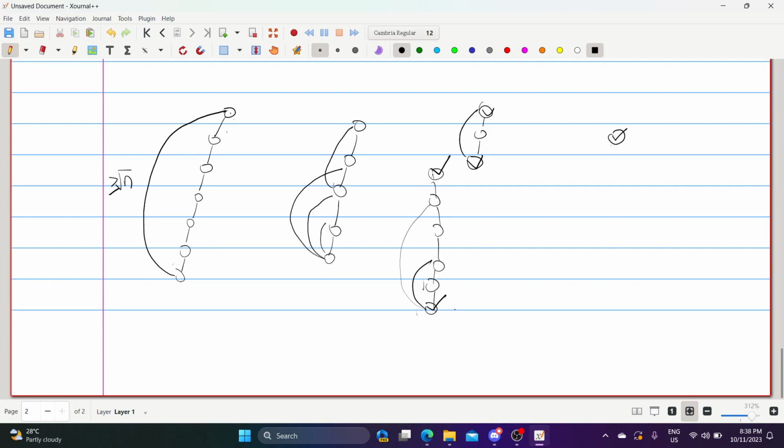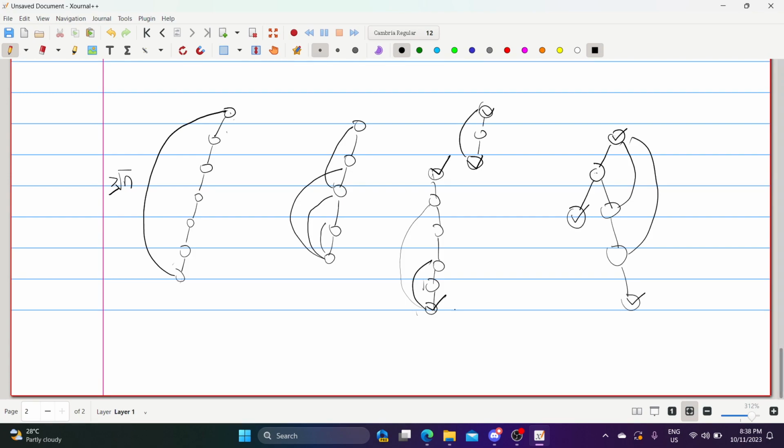Then you continue down. This one is adjacent, so you cannot take. Then you go to the next one, you see whether it's adjacent. If it's not adjacent, then you continue taking. Then you just keep doing this procedure. So it's like a greedy algorithm. So this one got a back edge, so cannot take. This one got a back edge, so cannot take. So this one doesn't have a back edge, so can take.